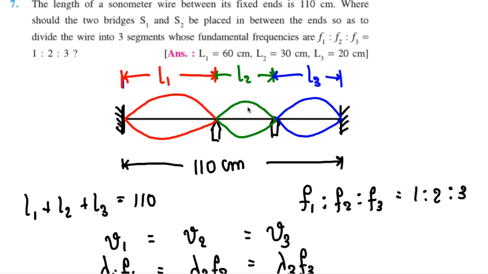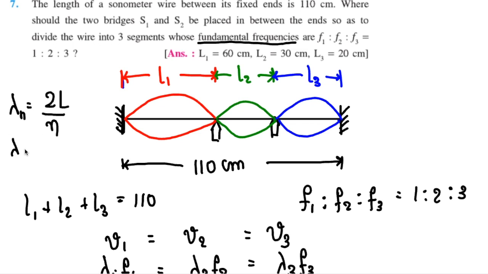So there is one relation between lambda and lengths, that is lambda n equals 2l by n, and here all the fundamental frequencies are there. So for my wavelength and for fundamental frequencies, n is always equal to 1.